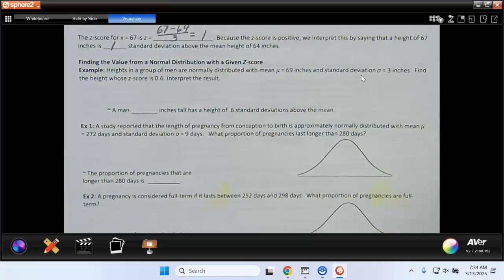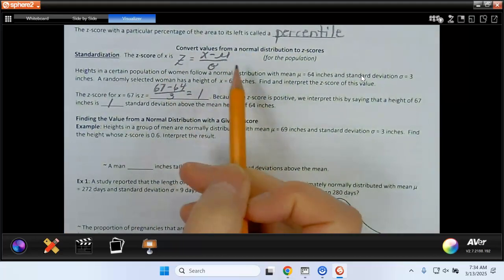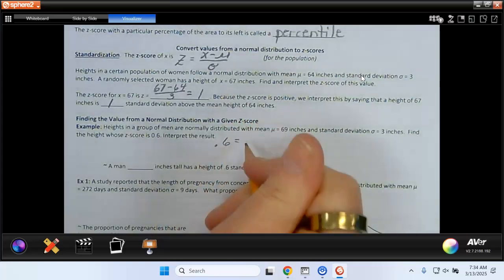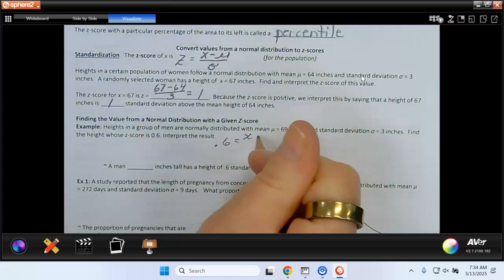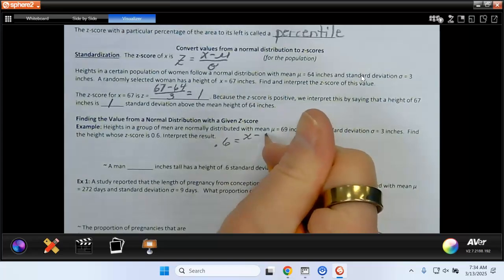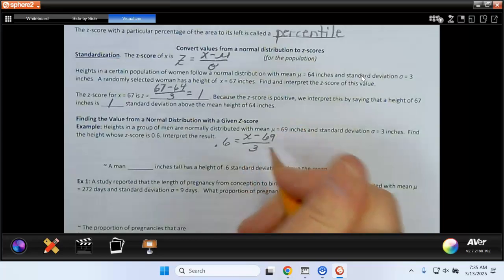The first example said heights of a group of men are normally distributed with a mean of 69 inches, standard deviation of 3. Find the height whose z-score is 0.6. Interpret the results. We're using the z-score formula, and we know the z-score. We're looking for the x value. So 0.6 equals the score we're looking for minus the mean, which is 69, divided by the standard deviation, which is 3.